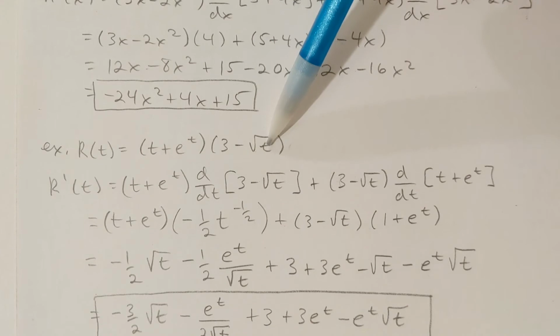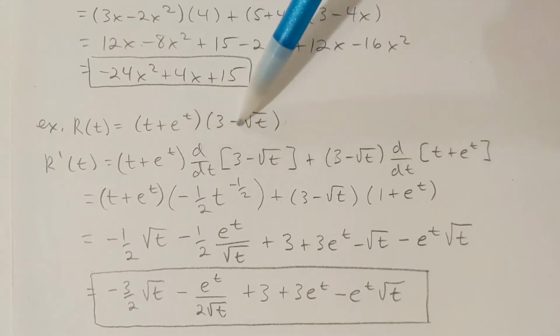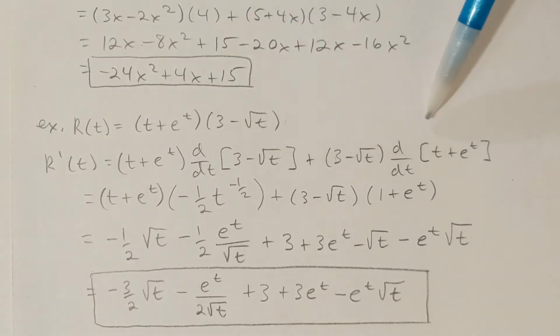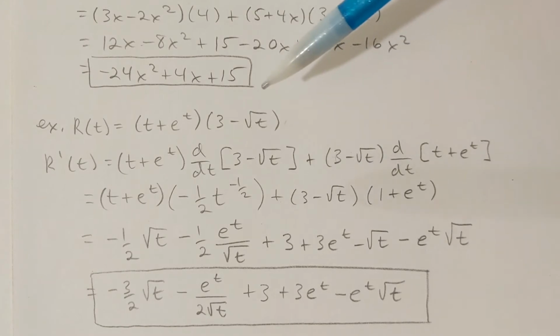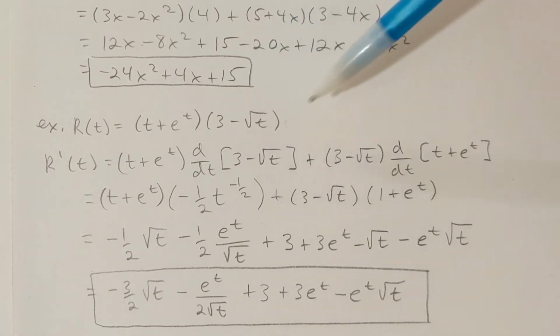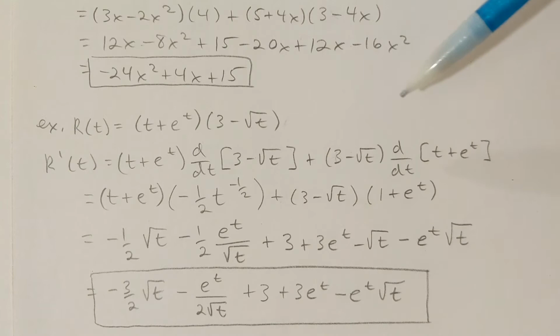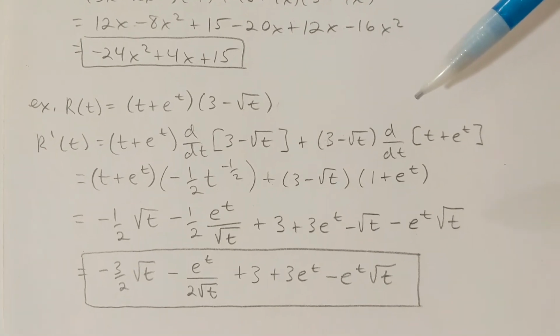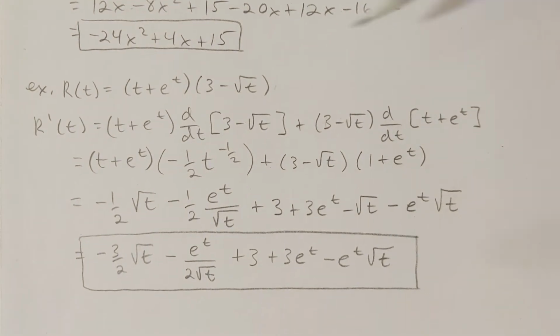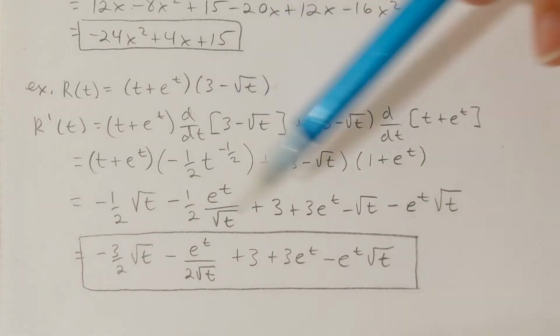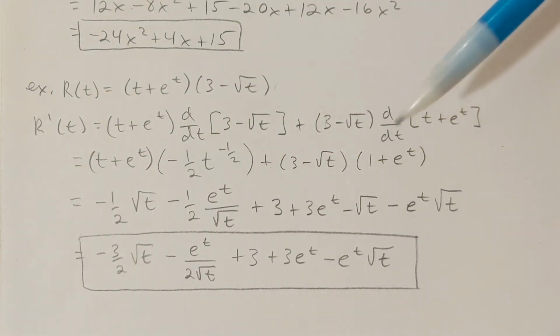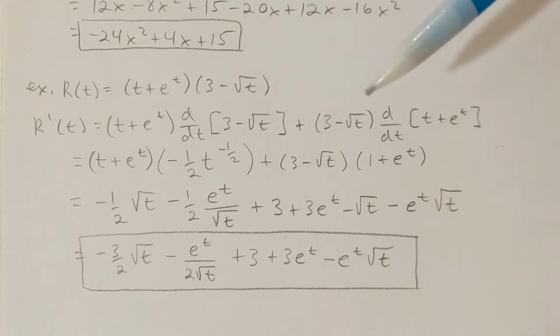Like if I were to begin by simplifying this, like FOILing it out, I would need to use the product rule on the last term. That would be my only option. So no matter what I do here, whether I simplify to start or simplify later when I calculate the derivative, either way I'm going to have to use the product rule. Why don't we just start with the product rule then?